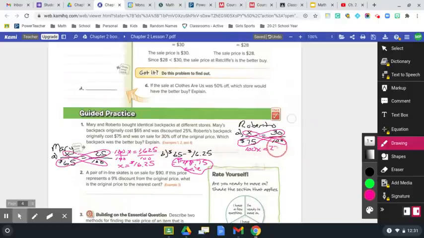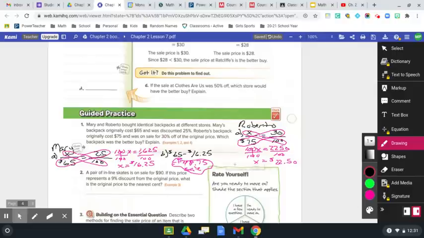You can calculate, right? Find that discount amount. On his backpack, he's saving $22.50. So he's saving more money than Mary did. But again, remember, his backpack was more expensive. And he does have a bigger discount, but let's see what happens.